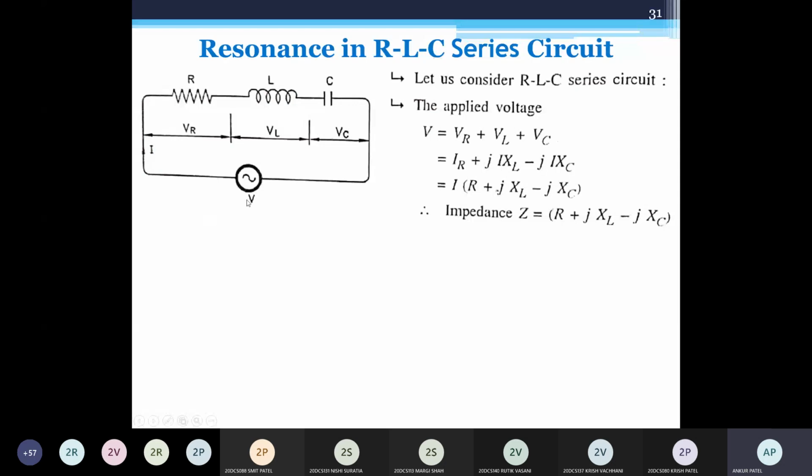But at some frequency, we are getting VL equal to VC. That is your resonance condition. By varying the frequency, you will get one condition VL equal to VC. So the frequency at which inductive reactance becomes equal to capacitive reactance is called the resonance condition.